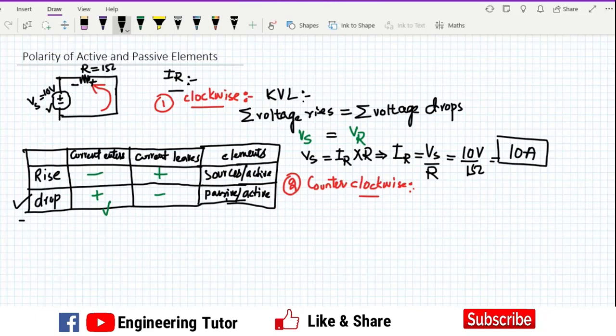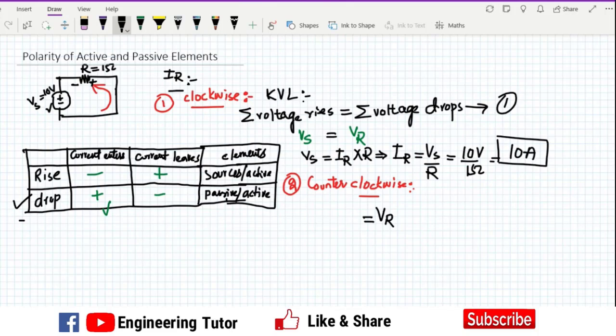Therefore, when it enters the positive and leaves through the negative terminal, it is the voltage drop, and it can be written here at this location. We are using equation number 1 here again, and according to this equation, V R is at the right end, which is for the voltage drop.